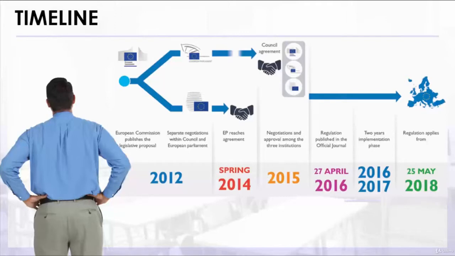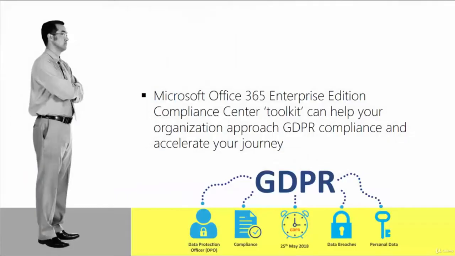The regulation is published in the Official Journal in 2016, and it took about 2 years for the implementation phase, and finally the regulation applies and comes into effect from 25th May 2018. So that kind of gives you an idea of where it started, and it's now in effect.